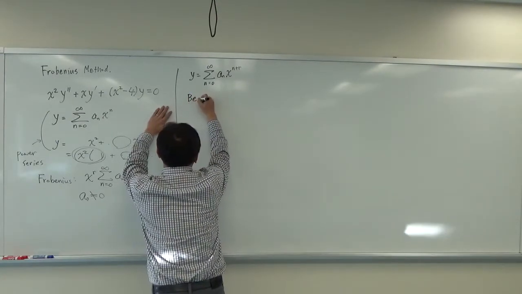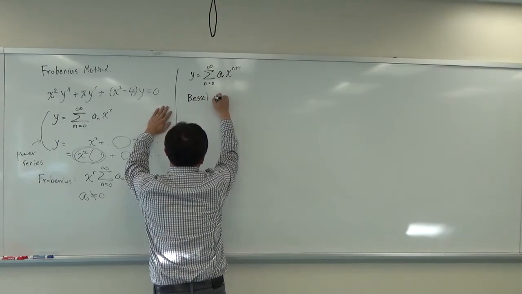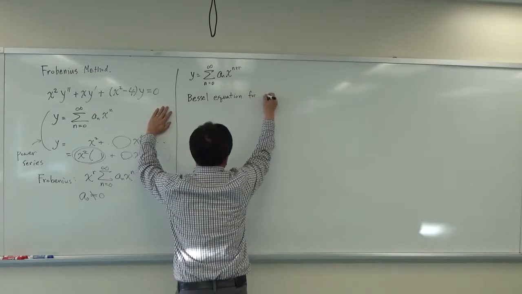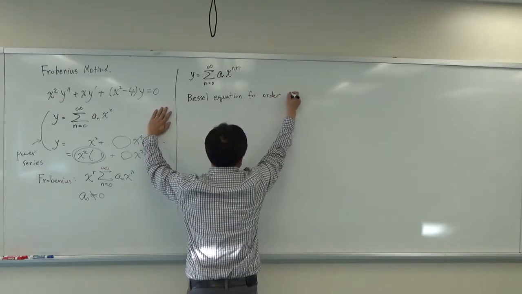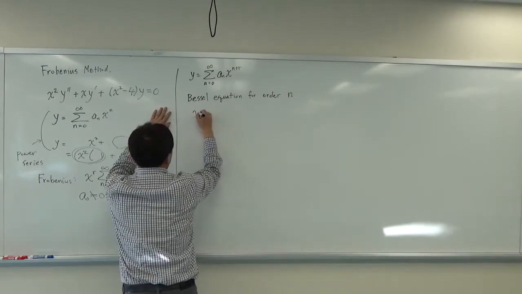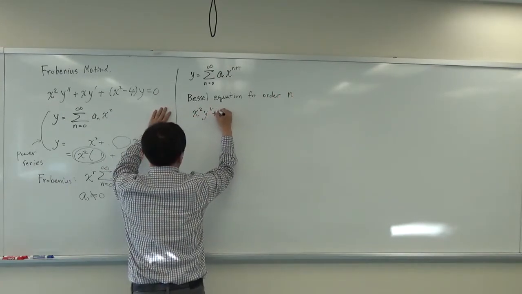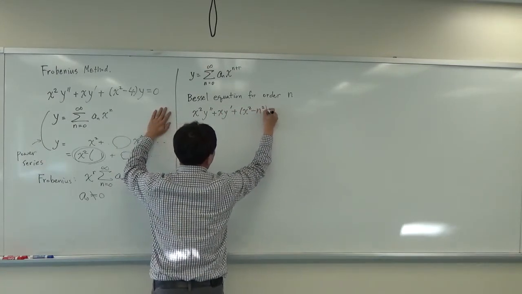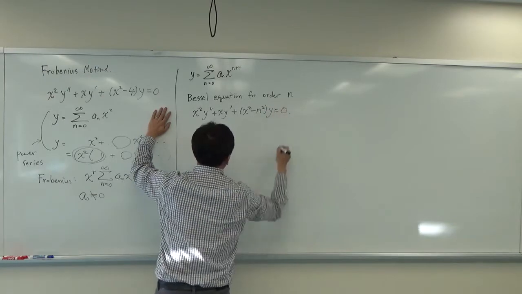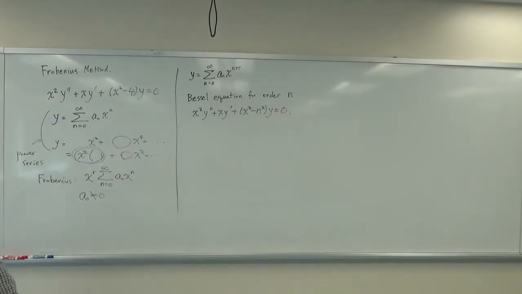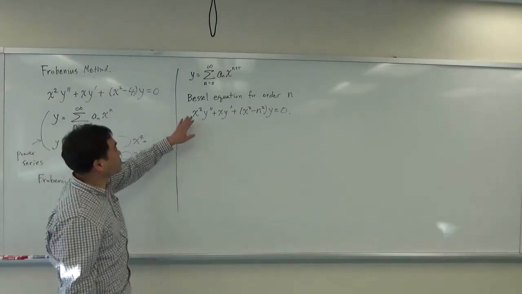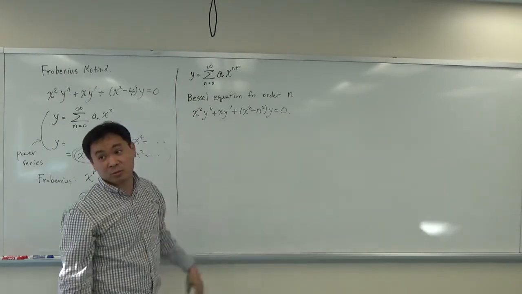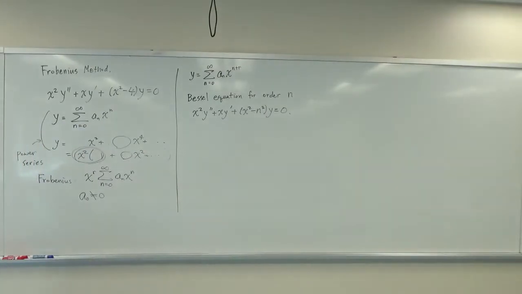Bessel equation for order n is x squared y double prime plus xy prime plus x squared minus n squared times y equals 0. And I want to look for the solution of this Bessel equation in the Frobenius type. So let's try that.